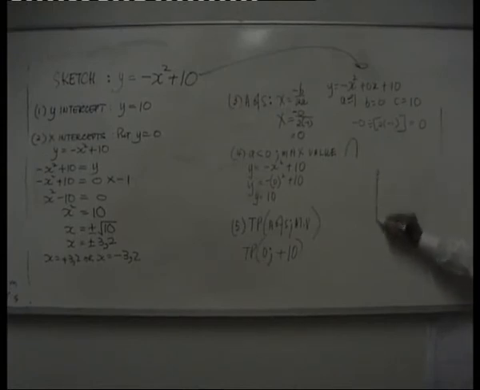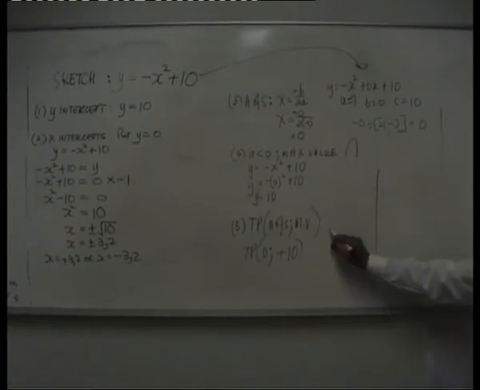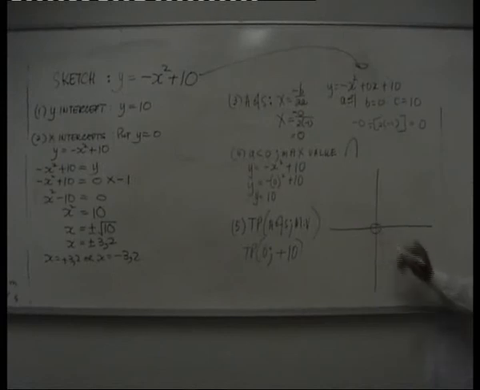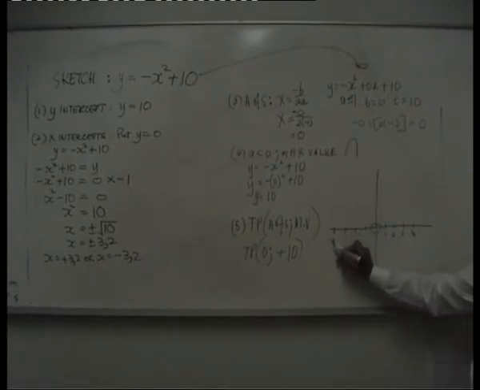Once again, we go down here, we go across there, and that's 0, and that's 1, 2, 3, 4. That will be minus 1, minus 2, minus 3, minus 4.